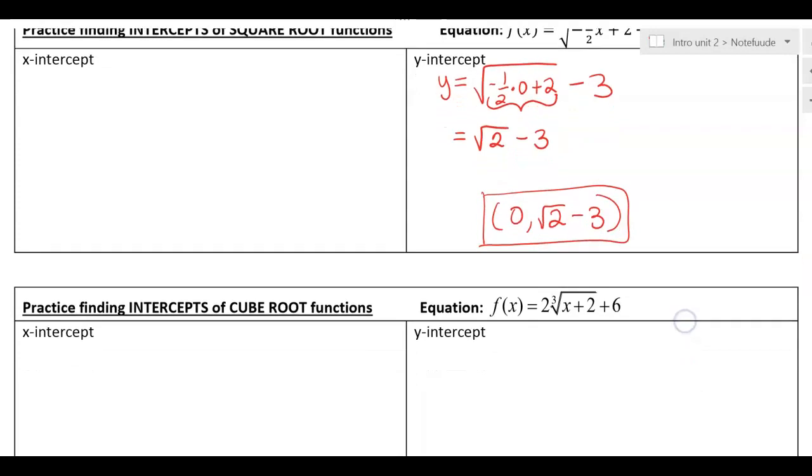Okay? And so same thing with our cube root. If we put 0 in for x, the first thing you should calculate is what's underneath the cube root. So 0 plus 2 is 2. Is the cube root of 2 something that simplifies to an integer, a nice whole value? No. Okay.